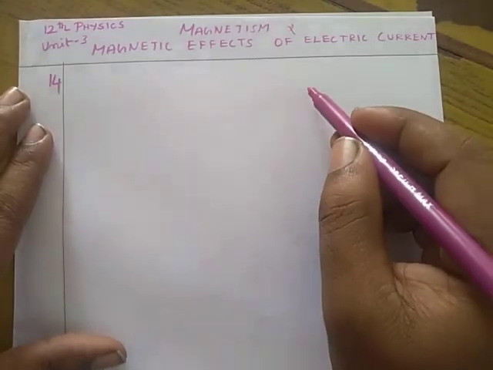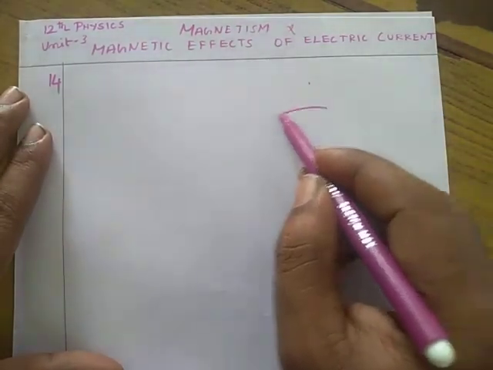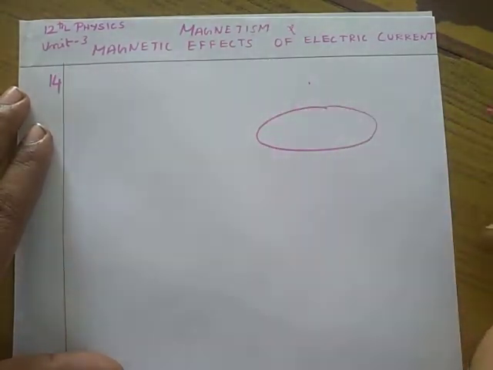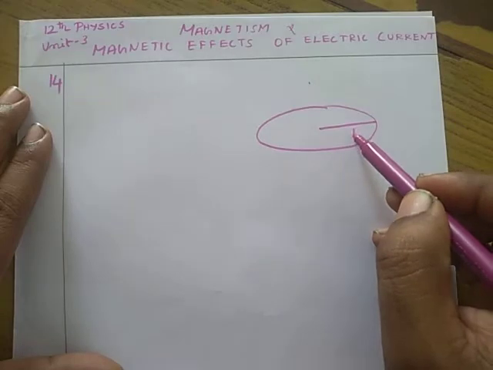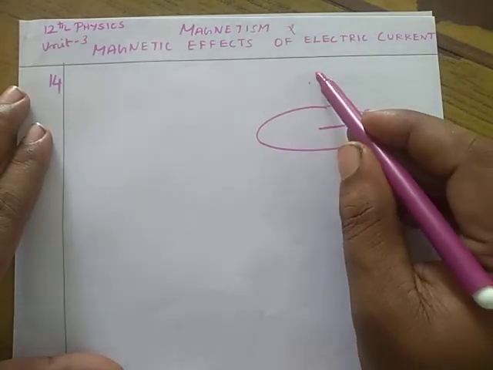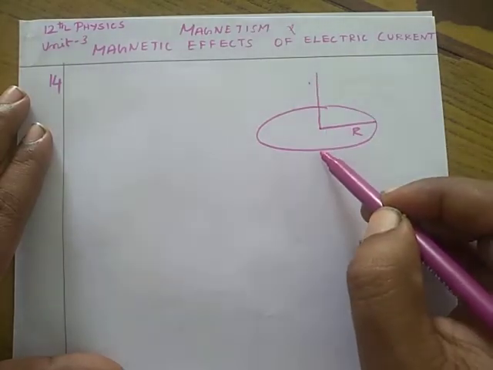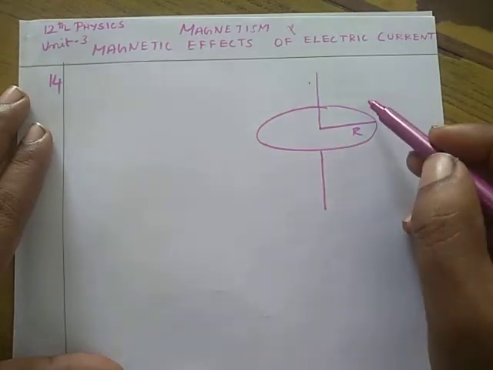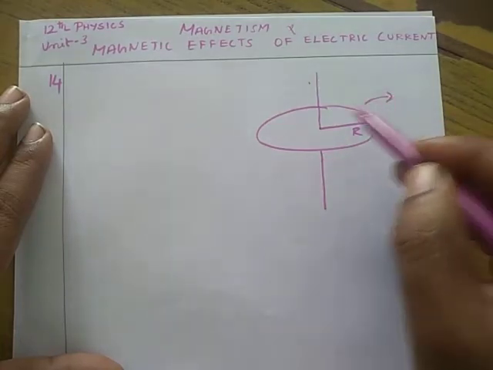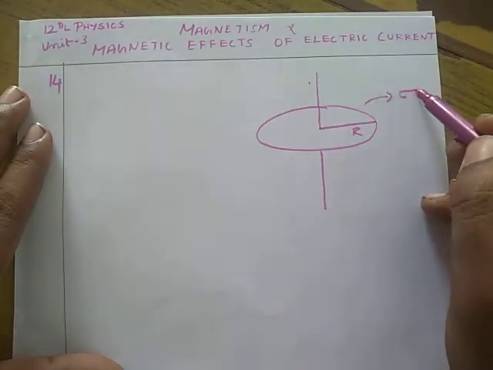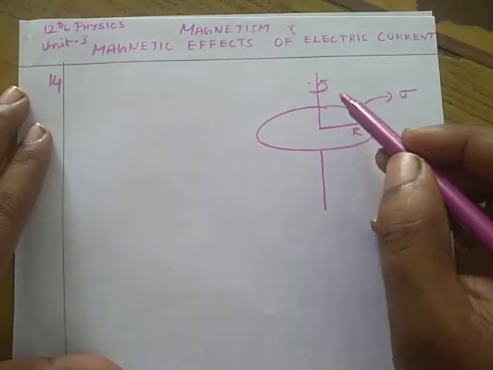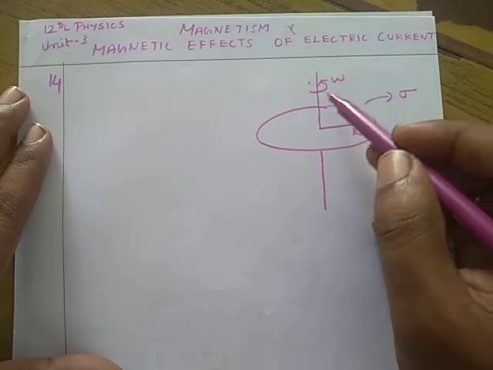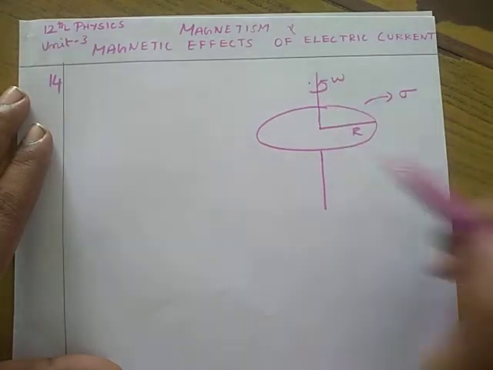Here we have a flat dielectric disc of radius r, having the charge density sigma. It is rotated with the angular velocity omega about an axis passing through its center.